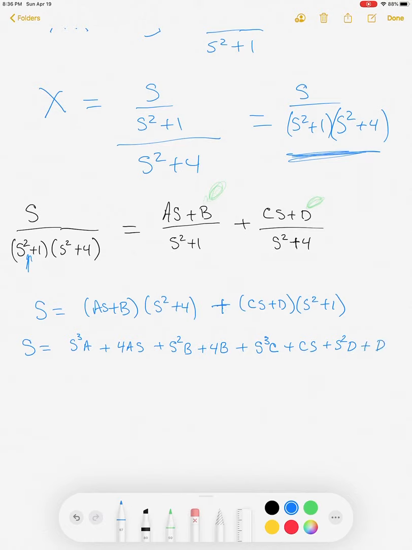And so I have s equals s cubed times the quantity a plus c, plus s squared times b plus d, plus s times 4a plus c, plus s to the 0 times 4b plus d.